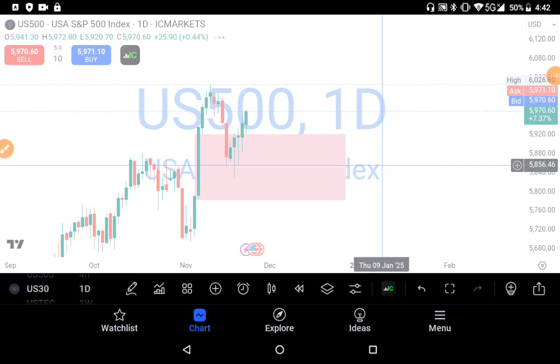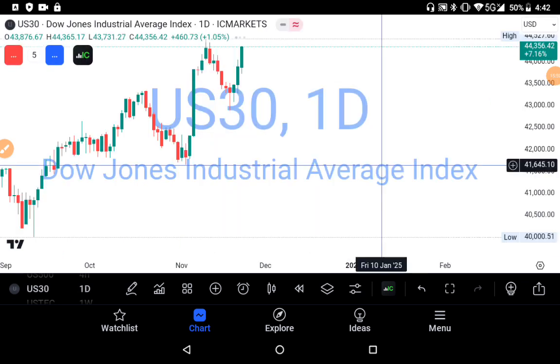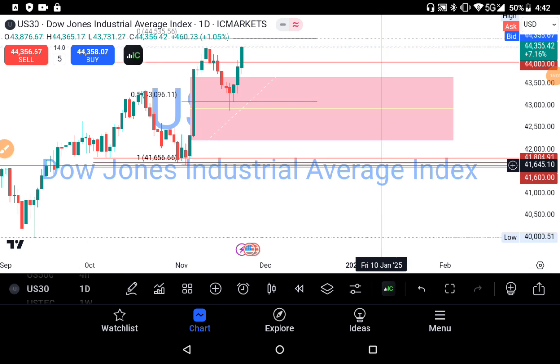So on US30, last week I was interested in 45,000. The same thing applies. If you should see the market price trade below this midpoint of this BC, I'll be expecting 42,000.